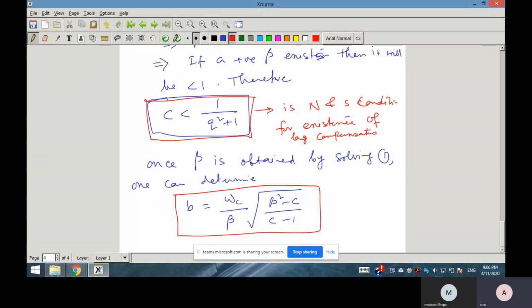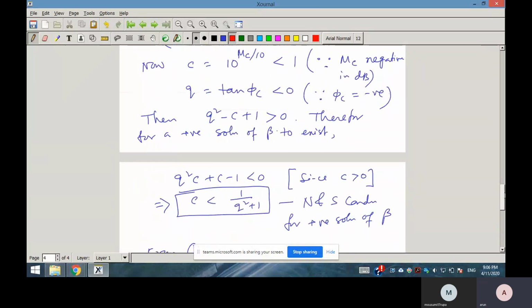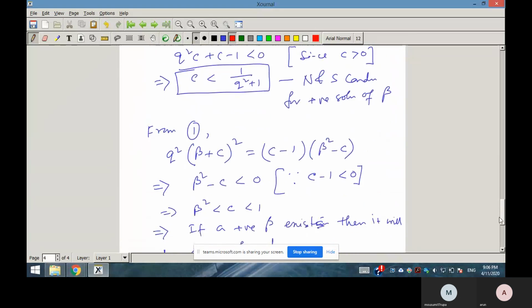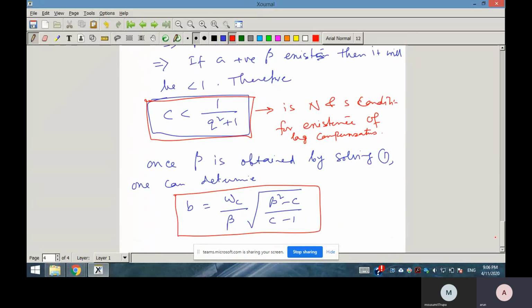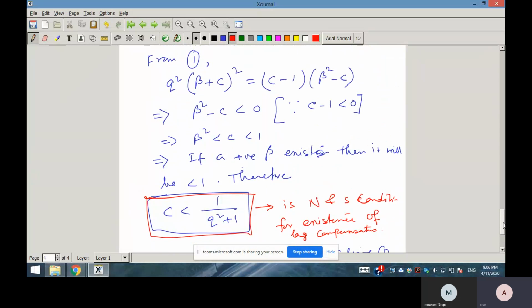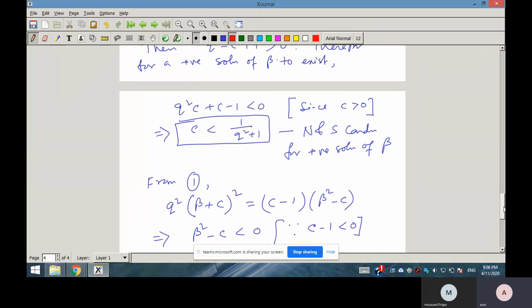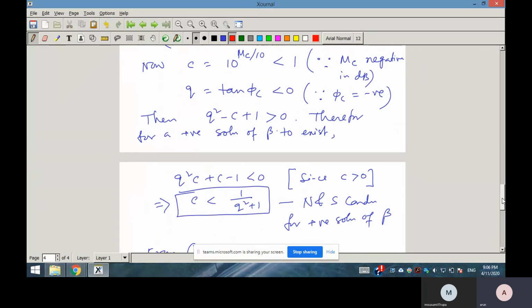One is this one, this one, and this one. These three equations are important for the lag compensator. And as I said, the main objective of the lag compensator is to provide gain attenuation. So while providing gain attenuation at a particular frequency, it also provides some phase lag.